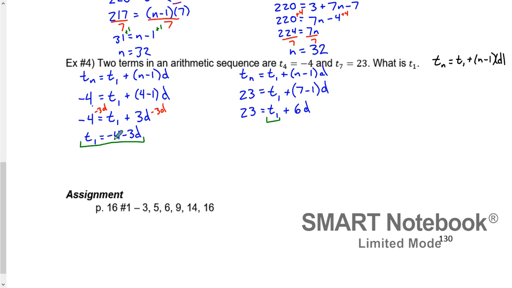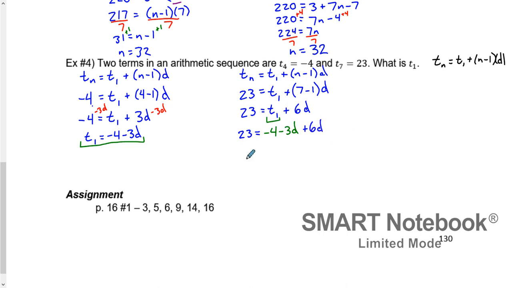Term 1 is -4 subtract 3d. It's all in the same equation, so it doesn't matter where it gets put. Term 1 is -4 subtract 3d. And we still have that add 6d at the end.